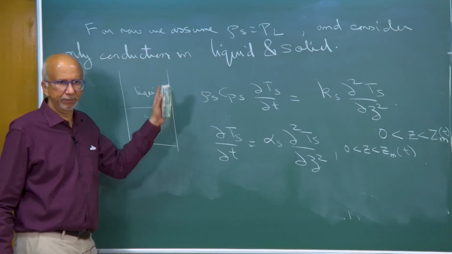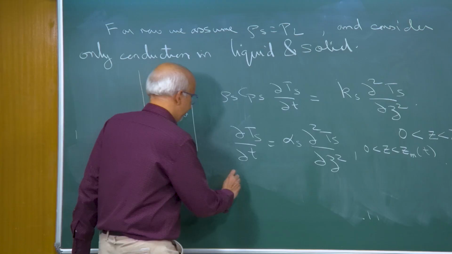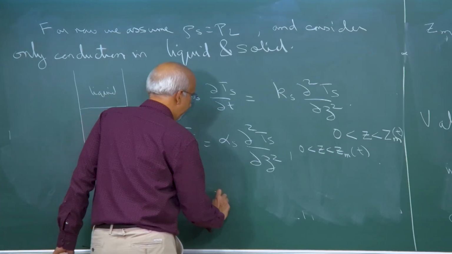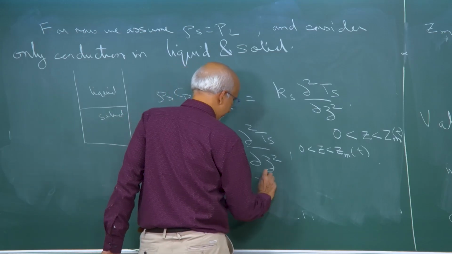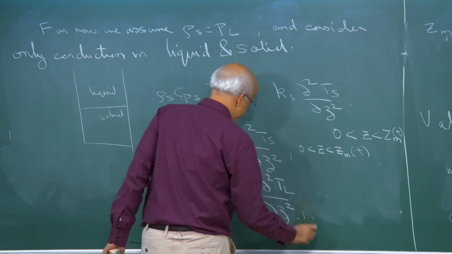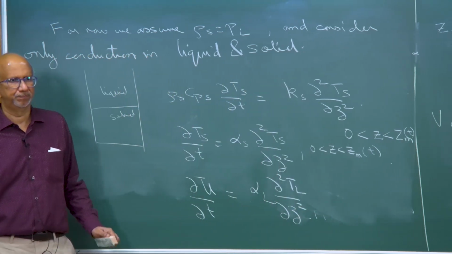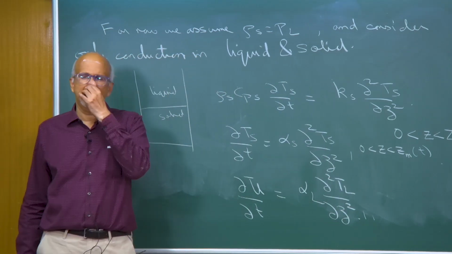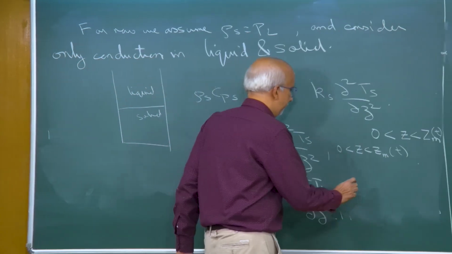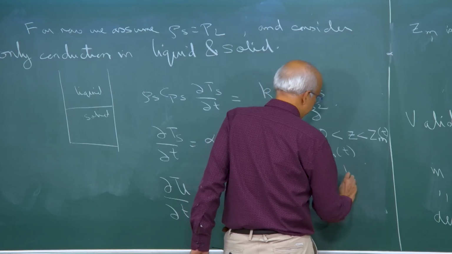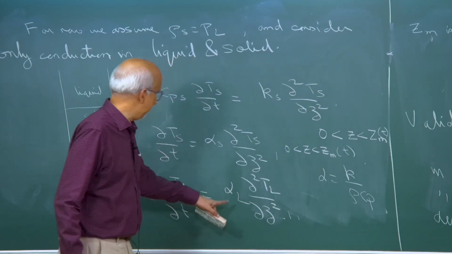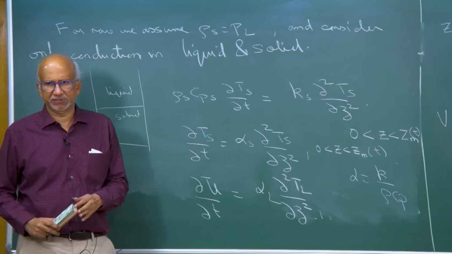Similarly, in the liquid, I will have dTl/dt equals alpha L d²TL/dz². Alpha is the thermal diffusivity, K by rho Cp. For liquid it is alpha subscript L, for solid it is alpha subscript S.